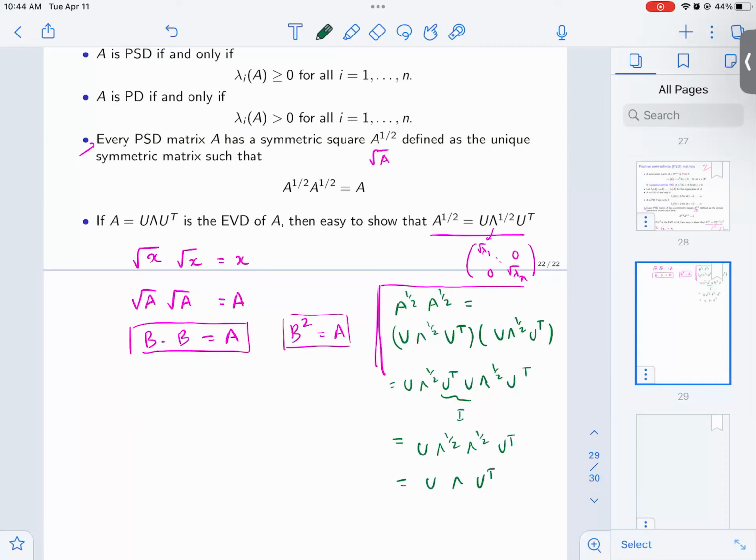It's very easy to see that if I multiply a diagonal matrix by itself, it just squares the elements. So this is A. This proves the idea. You can see that orthogonality really helps here. This is the first indication that the eigendecomposition is very useful. You take the square root of the middle, and you get the square root of the matrix. Okay, so you put things back together.